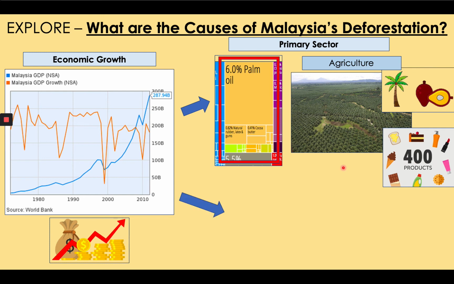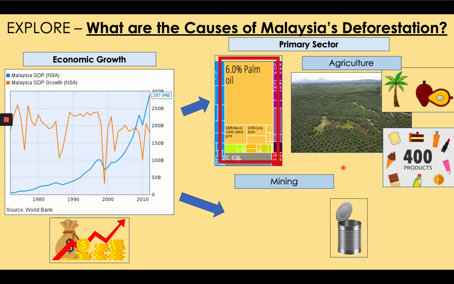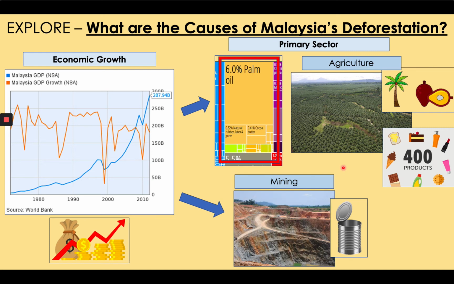Additionally, another area of great demand from HICs around the world is for metals. One metal in particular Malaysia exports is tin. Tin has to be mined in huge holes underground called open pit mining. It looks like this. In order to dig a mine like this, massive deforestation is required.